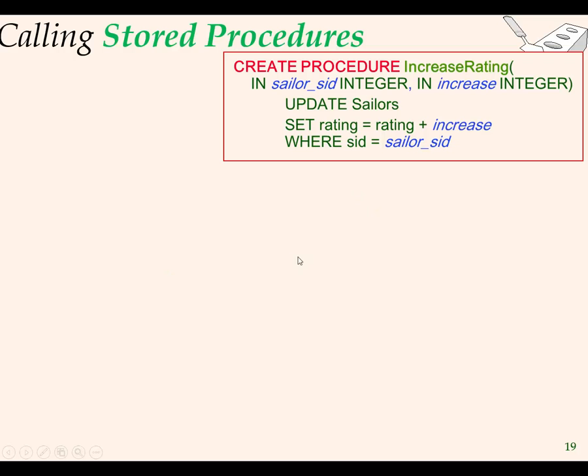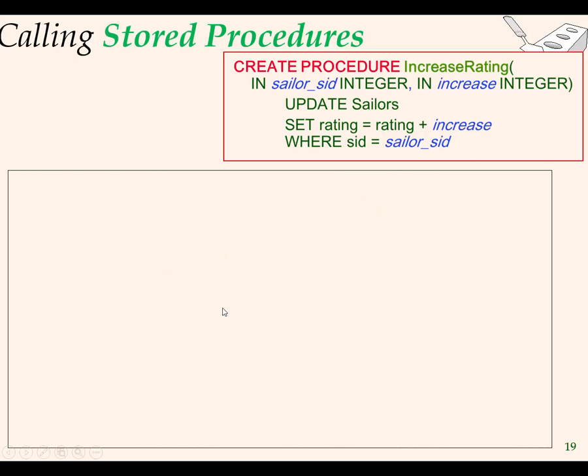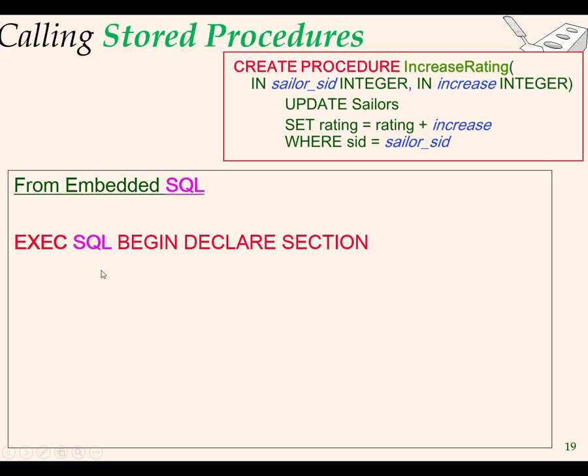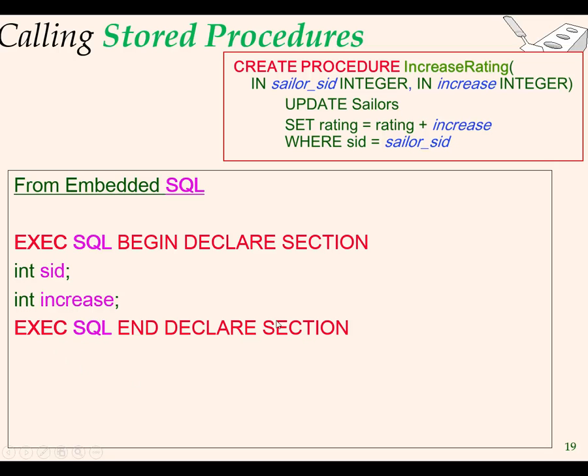So if this is the stored procedure I created, this is how I invoke it from embedded SQL. So exec SQL begin declare section, all these are keywords. So what I want to do is to declare my variables. So int SID, int increase, and this is the end of the declare section.